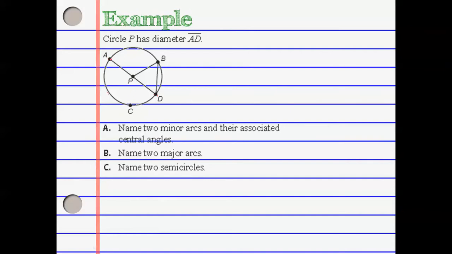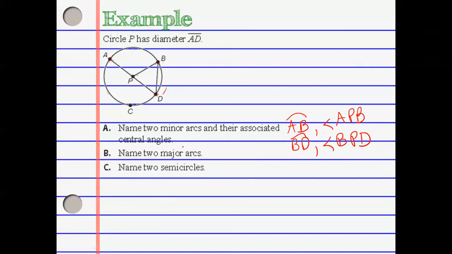So let's look up here. AB could be one of our minor arcs, and the associated central angle would be APB. Another minor arc would be BD, and its associated central angle would be BPD.